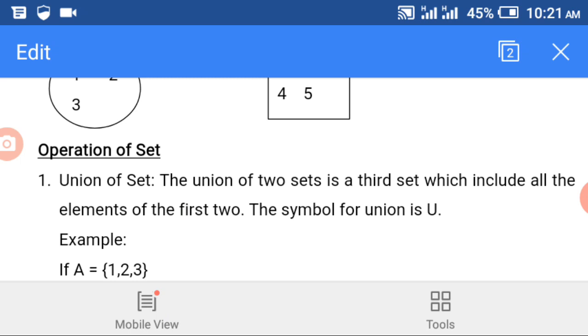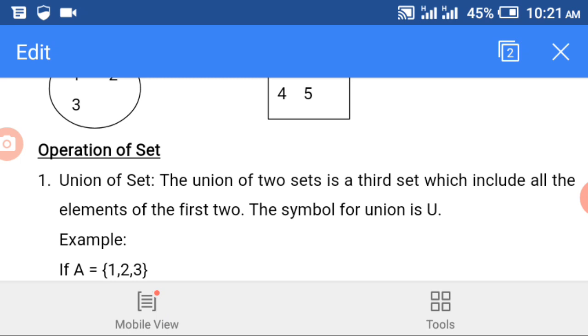Now, let us look at set operation. Under the set operation, we want to look at union of sets.